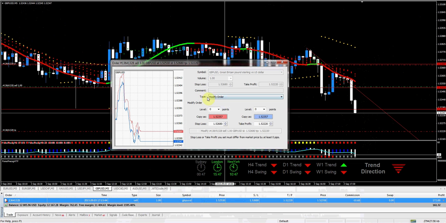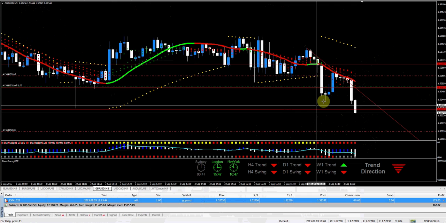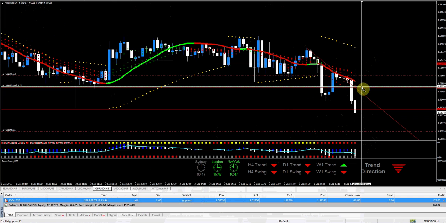Stop loss 52606. We'll continue trailing this down. So basically we cut it in half from 15 down to about 7 or so.